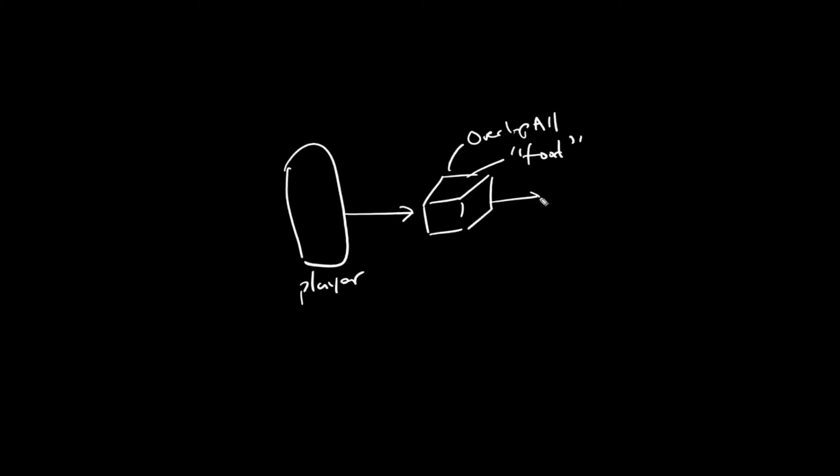Then we go ahead and we add 1 to the score variable in our player state, and then reflect that in the heads-up display, and it's in the player state as well.